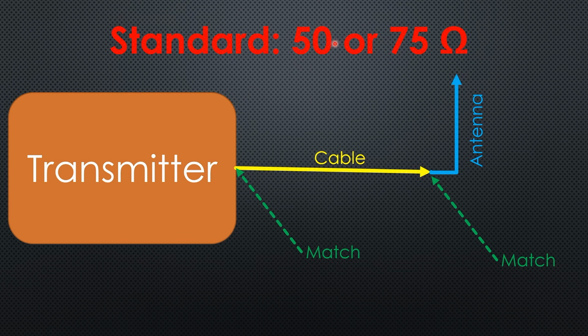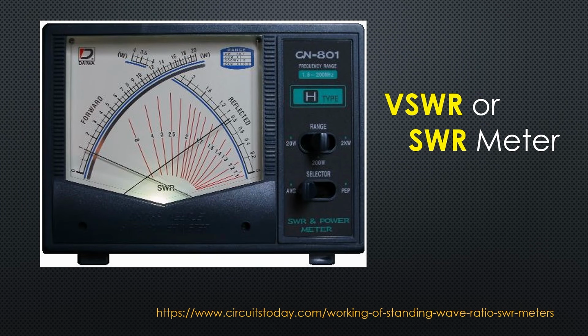If these impedances do not match, signals are reflected, do not reach the air, and heat the transmitter. In the old days, we had VSWR, or short SWR meters for that purpose. They measured the forward and the reflected power, as we see here.